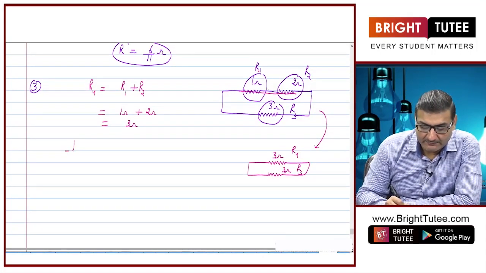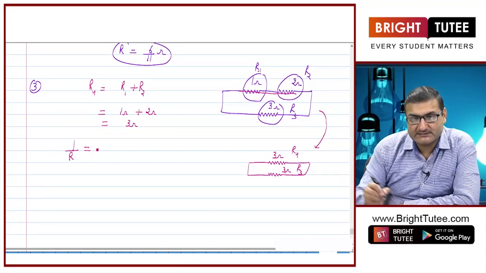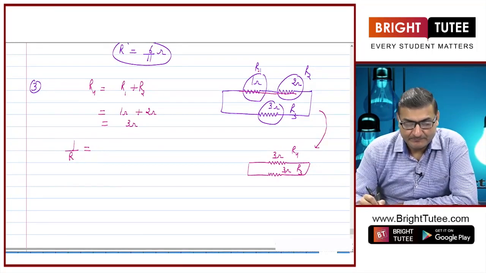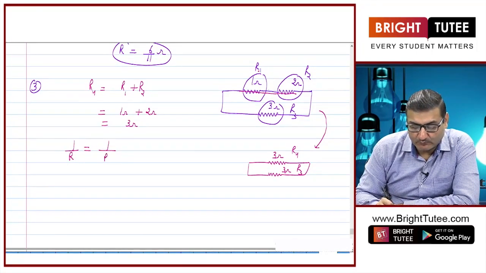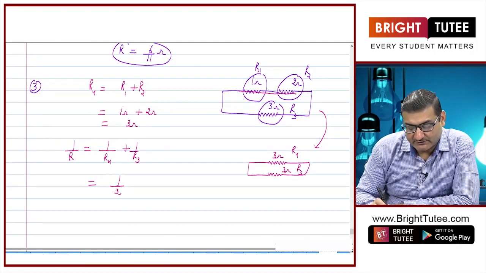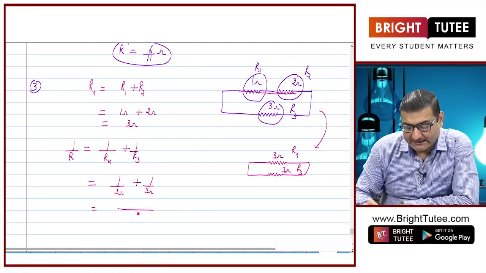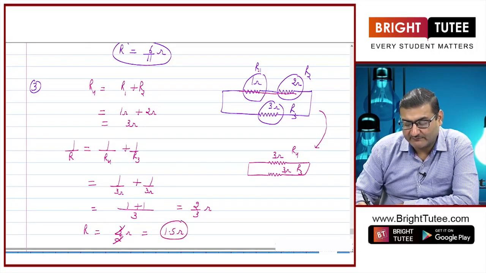So now I'll calculate the total resistance denoted by capital R. It will be the sum total of reciprocals of R4 and R3. R4 is 3 ohms, R3 is yet 3 ohms. Again taking the LCM 3, I will get 1 plus 1, it comes out to be 2 by 3 ohms. Taking the reciprocal, R comes out to be 3 by 2 ohms, cancelling it, I will just get 1.5 ohms.